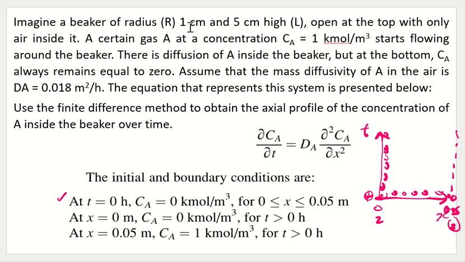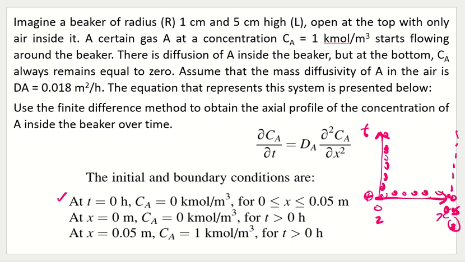It has a radius of 1 centimeter and height of 5 centimeter. That's 0.05 meter. So we want to work at the diffusion inside the length, which is 5, because we are looking for the axial profile of this concentration of A. So that means we are looking at it from 0 to 5 centimeter, which is 0 to 0.05 meter.